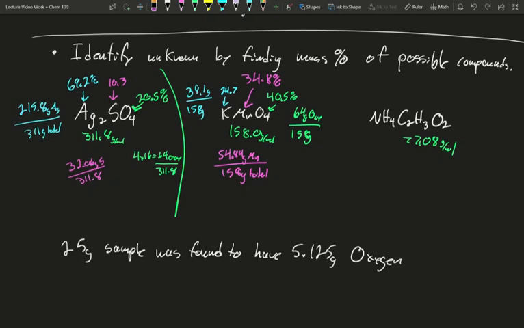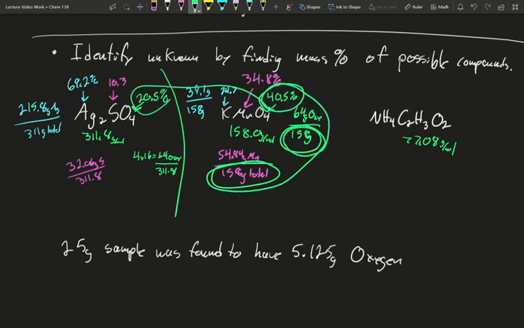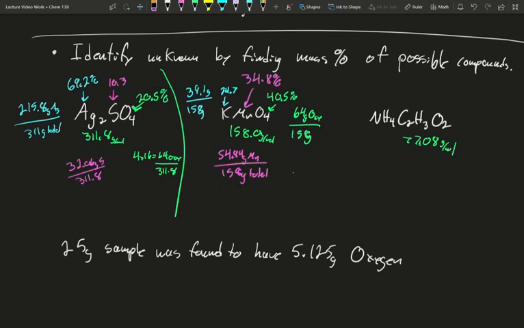So half as much in the total means I divide by half as much, which means my percentage will be twice as big. So this seems to be making sense. We got about twice as big a percentage of oxygen in our potassium permanganate than we did in our silver sulfate. Finally then, let's look at this for our other elements.